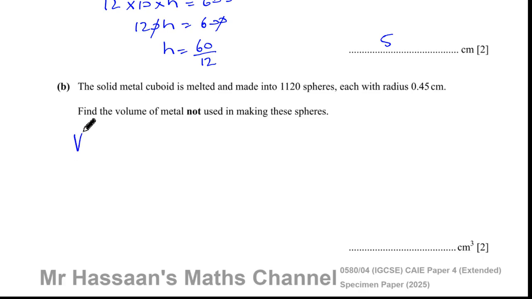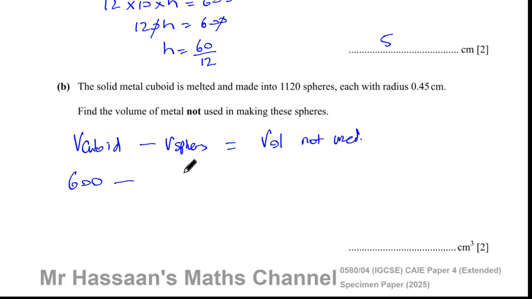So we have the volume of the cuboid minus the volume of all those spheres, which will be equal to the volume not used. Whatever is left over is the volume that's not used. So we know the volume of the cuboid is 600, minus the volume of the spheres.